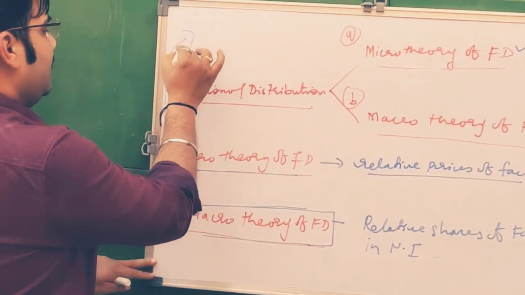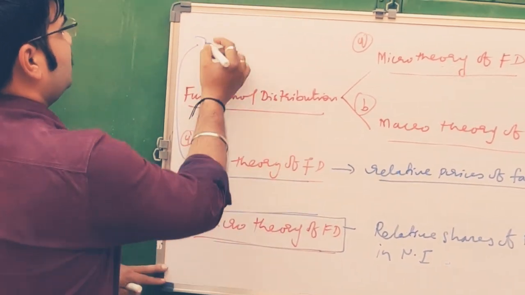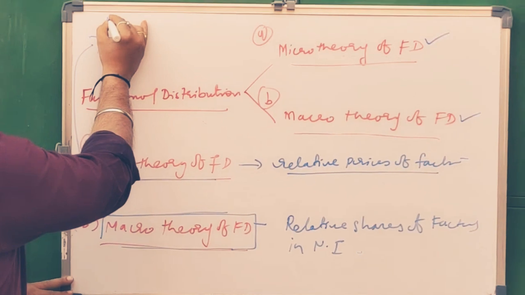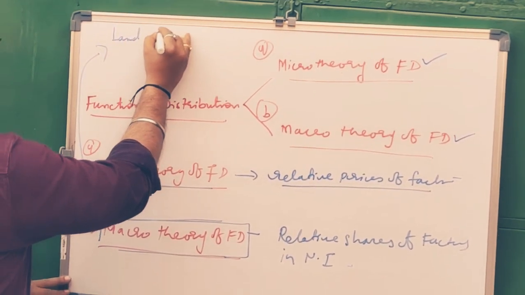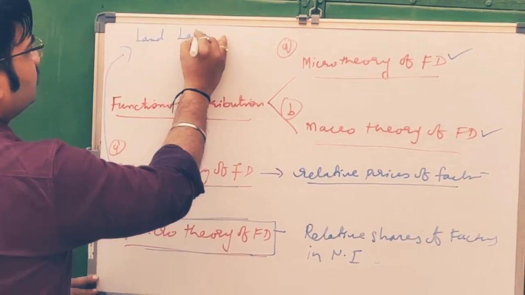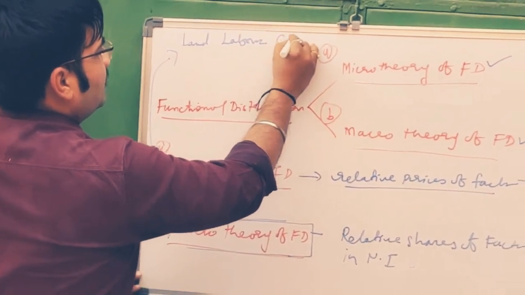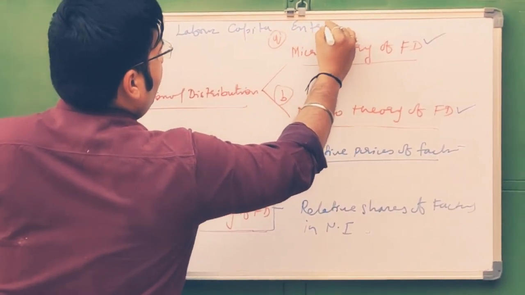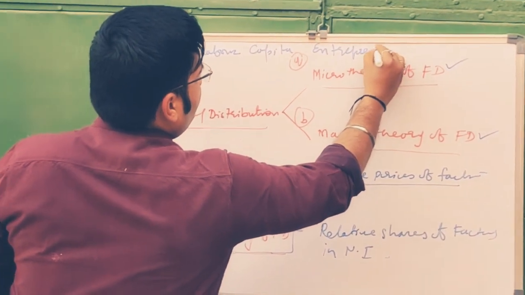We explain the micro theory of functional distribution like this: the factors of production are land, labor, capital, and entrepreneur.